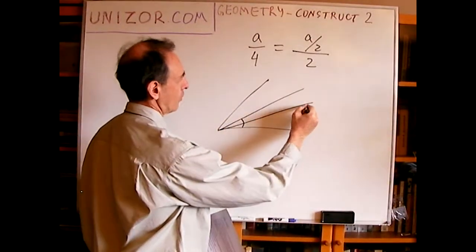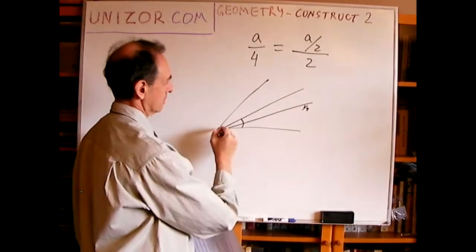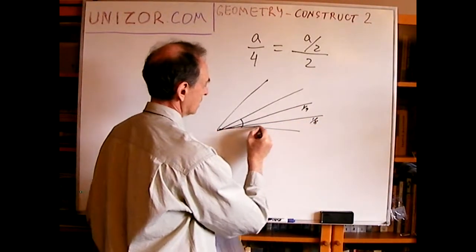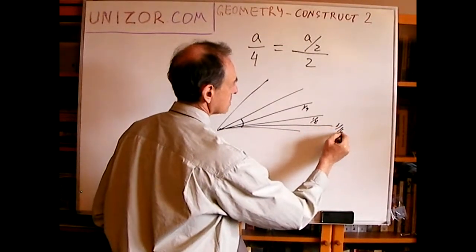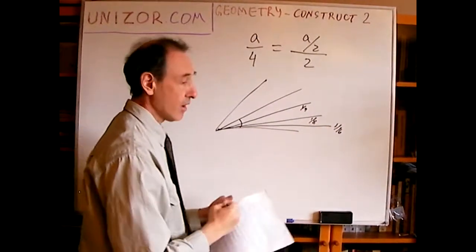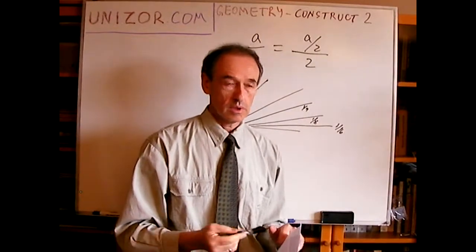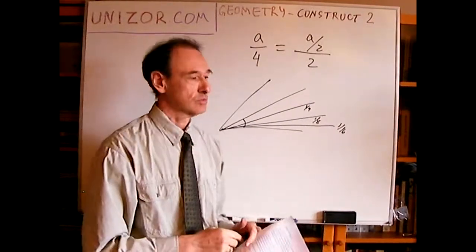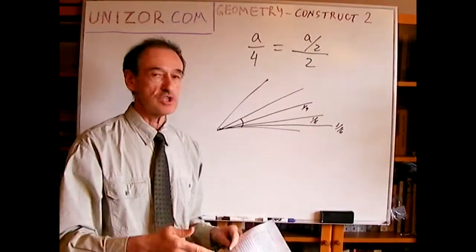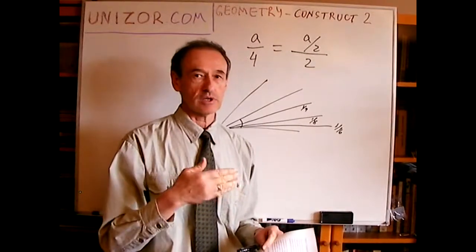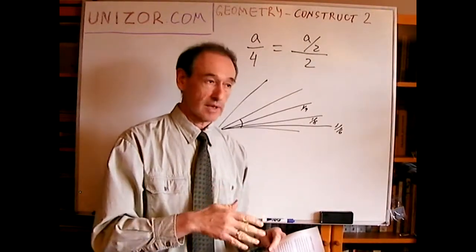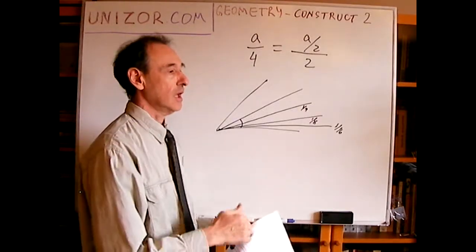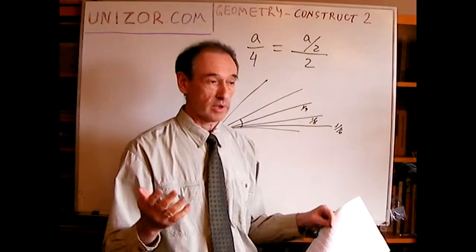So this is 1/4, right, of the original angle. If you build another bisector, you will get 1/8, and another bisector, you will get 1/16 of the original angle, etc. So any power of 2, 4, 8, 16, 32, etc., can be achieved by sequentially dividing an angle by 2, and then dividing the half by 2, and then the quarter by 2, and then the 1/8 by 2, etc. And dividing by 2 is just drawing a bisector.